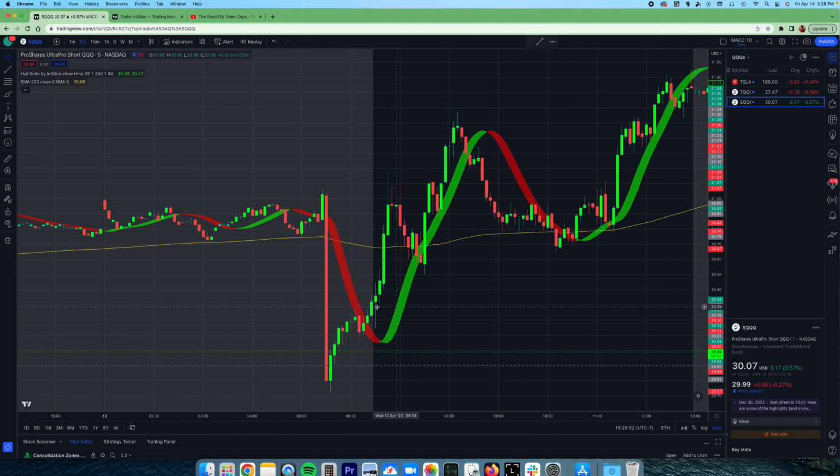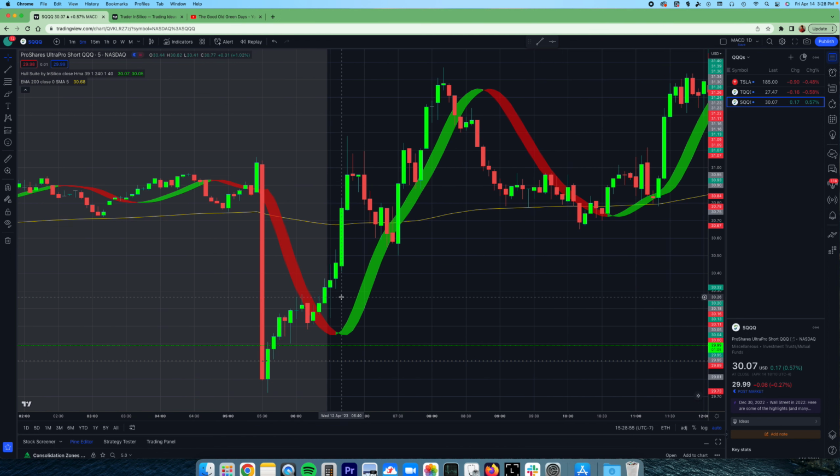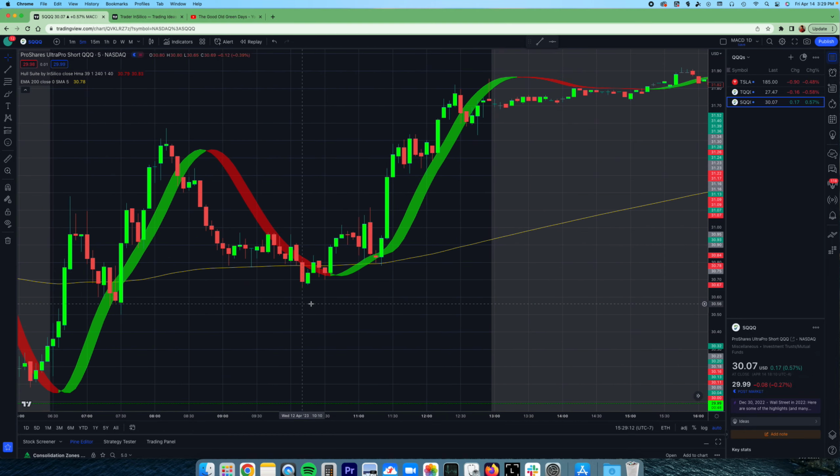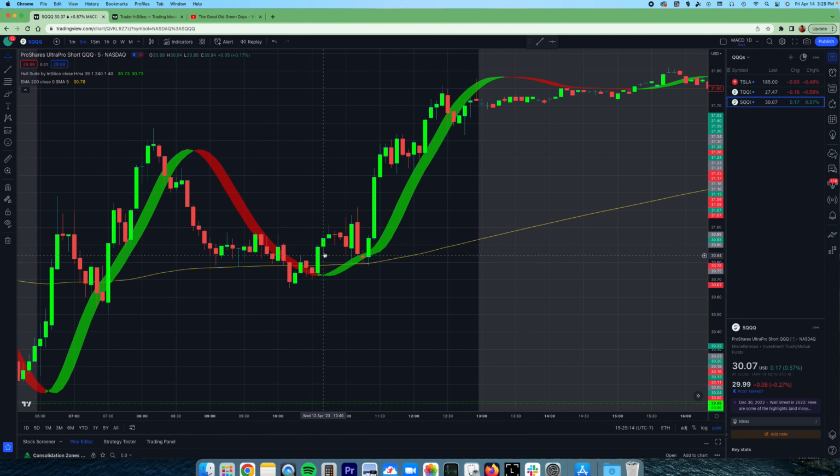And so basically the strategy is that once the Hull turns green, then one green candle closes above it and it's over the 200 EMA, which right here it's not, so I wouldn't go in there, but right here is a good example. So it turns green, a green candle closes above the 200-day EMA, so this would be your entry point right here.